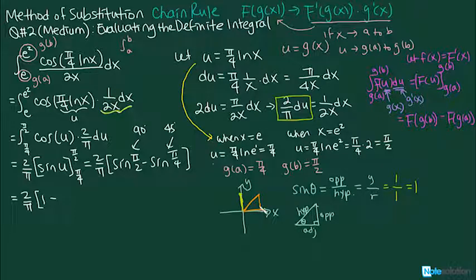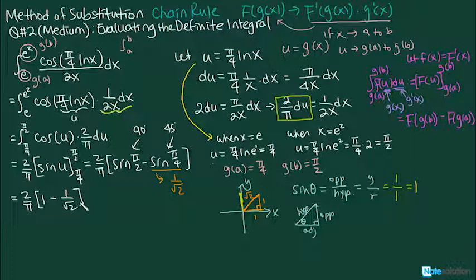And when we draw this right angle triangle, we've got the special triangle, which is 1, 1, root 2. So our sine value will be opposite over hypotenuse, which is y over r, and y is 1, positive, r is square root 2. The radius, the hypotenuse for this circle, is always positive, and so this will be 1 over root 2. So now we've got minus 1 over root 2.